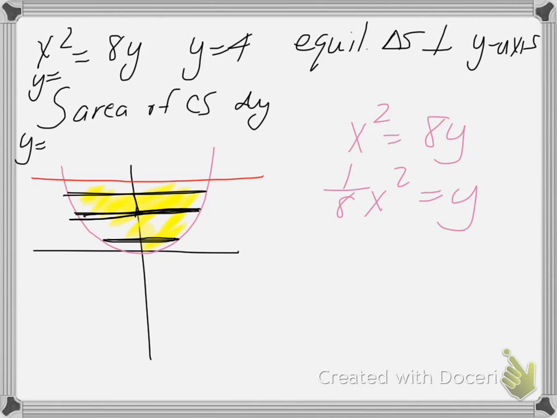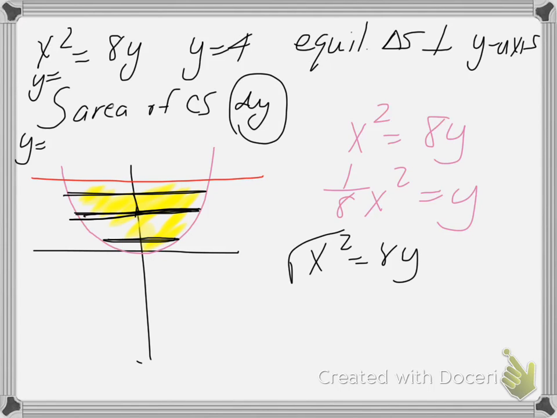Okay, so what's the length of each of these bases? Well, it's going to have to be in the form x equals, because if I have it as y equals and there's something with x's in it, it's not going to go with that dy. So I have to get in the form x equals. So right now I have x squared equals 8y.